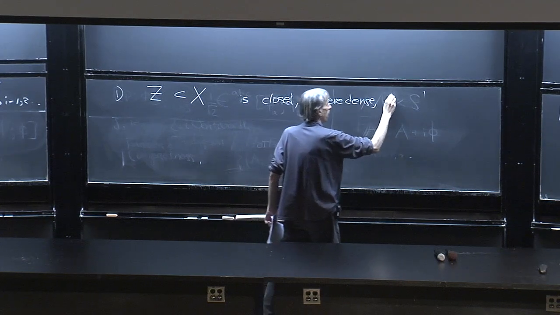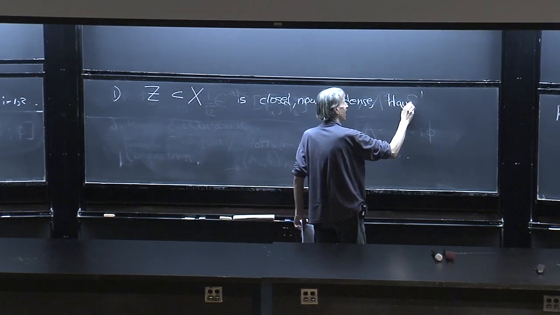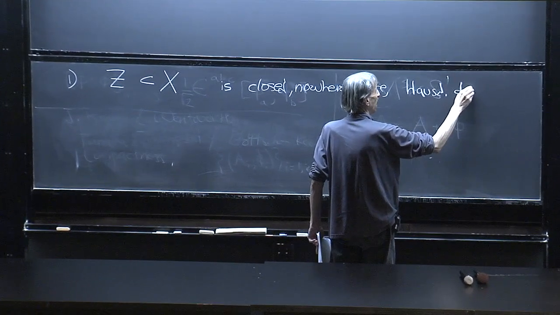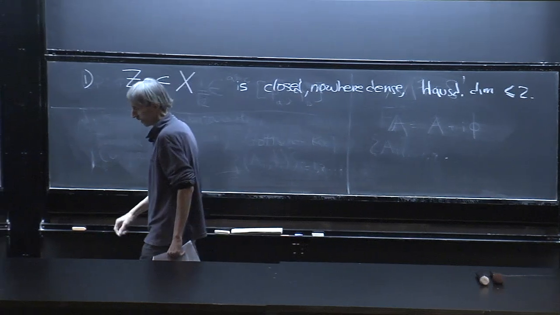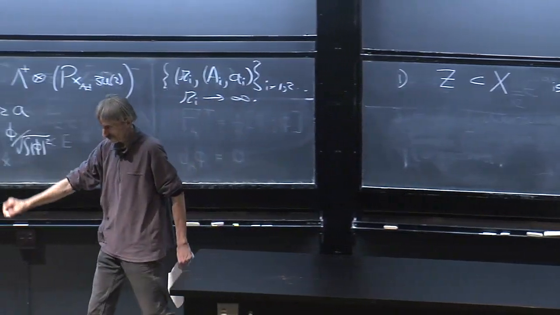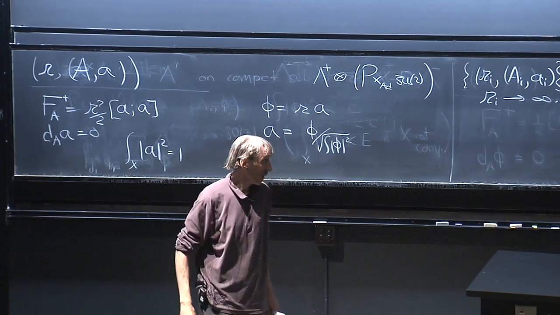And it has a Hausdorff dimension less than or equal to 2. So you think of it as a surface or something that has smaller dimension than a surface.